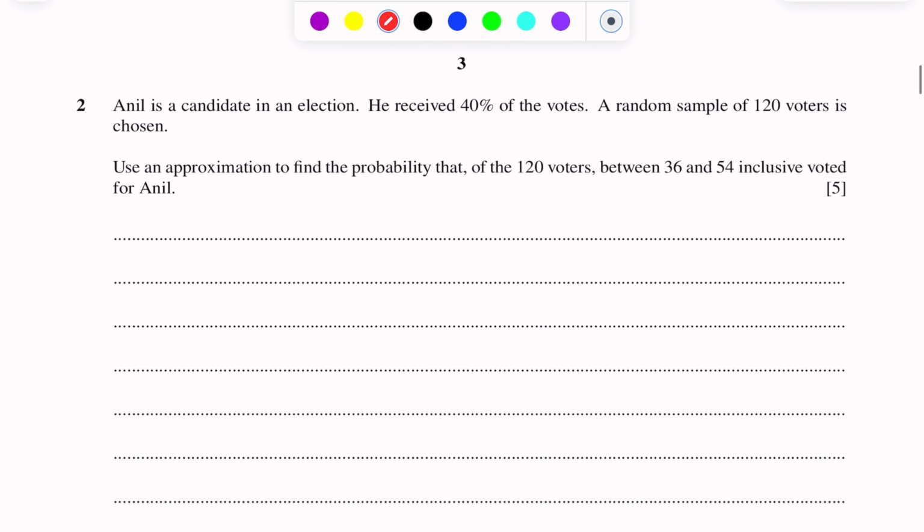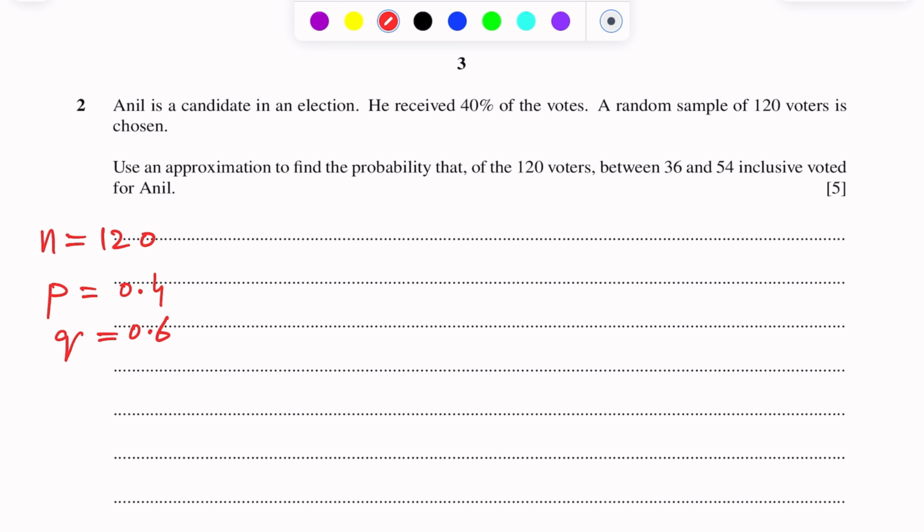The data for this question is N is 120 because 120 voters are chosen. P, the probability of success, is 40%, that is 0.4. Q will be 1 minus P, that is 0.6.